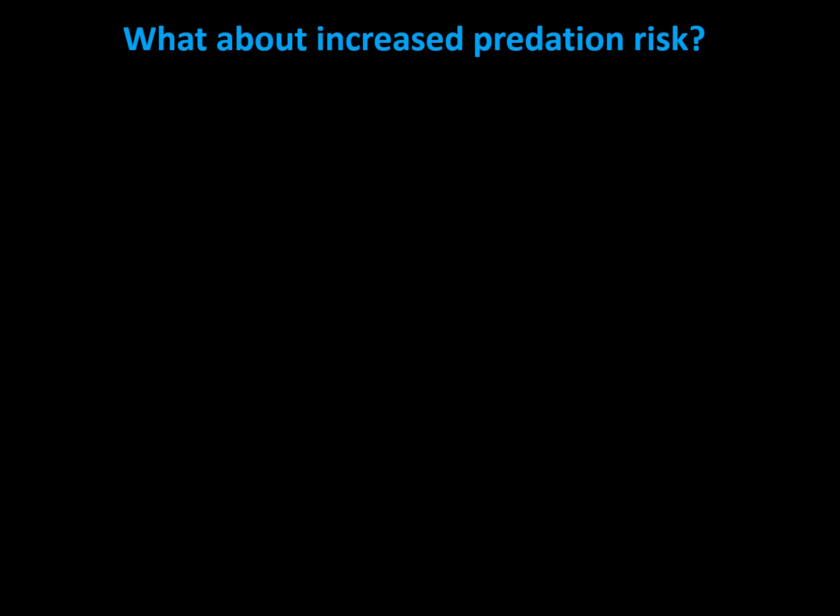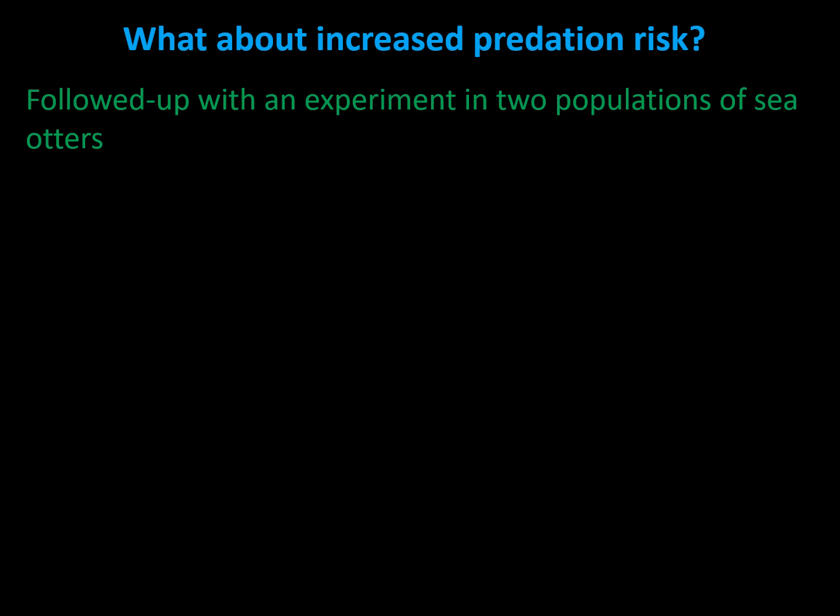Okay, now let's talk a little bit more about the evidence we have to substantiate that the declining populations of sea otters can be attributed largely to increased predation by killer whales. The evidence comes from both observational as well as experimental studies.